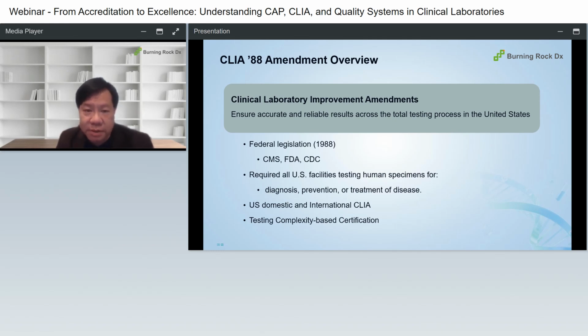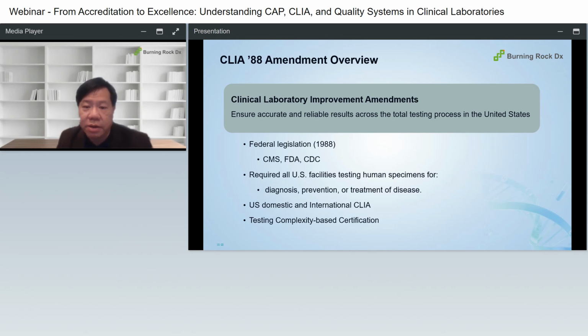This is just some basic background. So CLIA stands for the Clinical Laboratory Improvement Amendments, enacted in 1988 to ensure accurate and reliable results across the total testing process in the United States. It is a federal legislation with jurisdiction generally shared by CMS, FDA, and CDC.